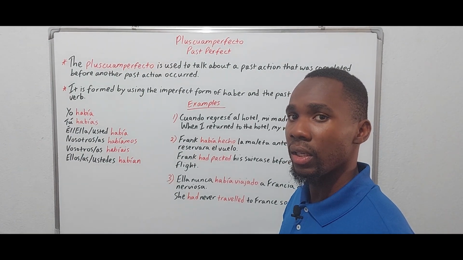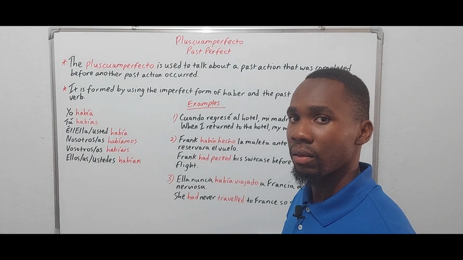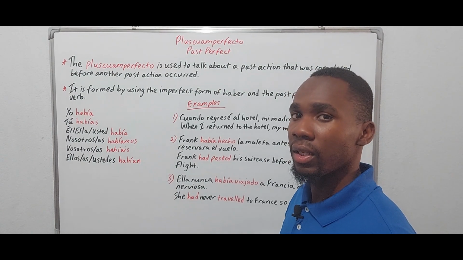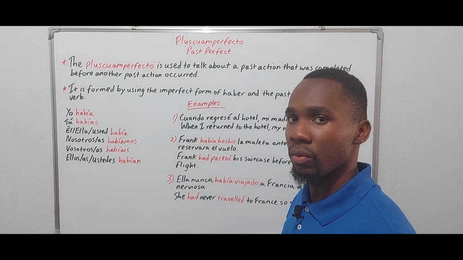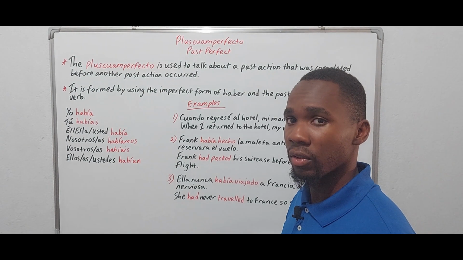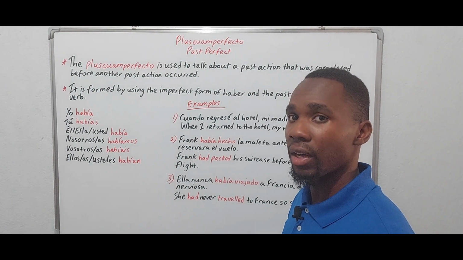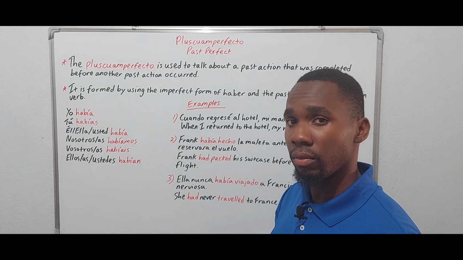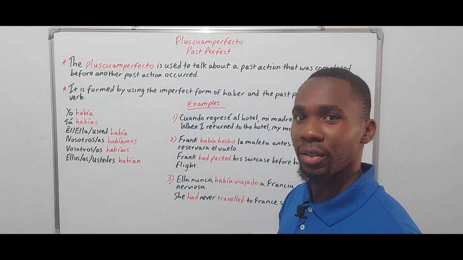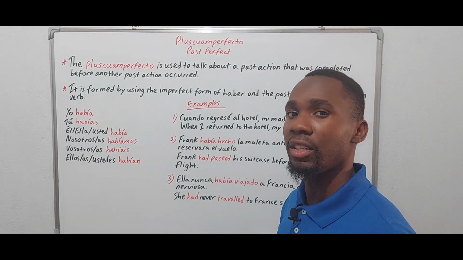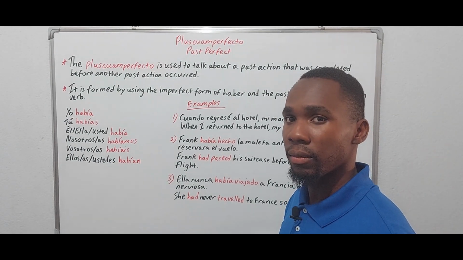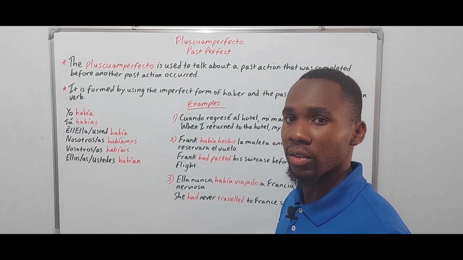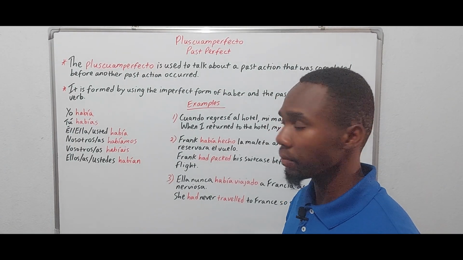In that video, I explained how to form the past participle of regular verbs, and I also gave you the irregular forms. It is available in the description below. So if you do not know how to form the past participle, please check out that video.